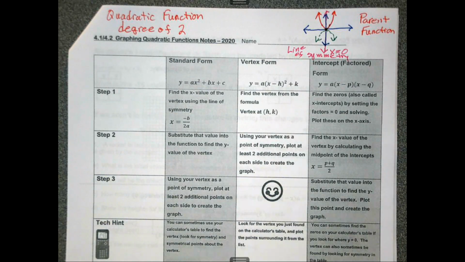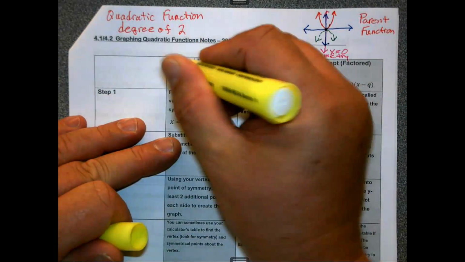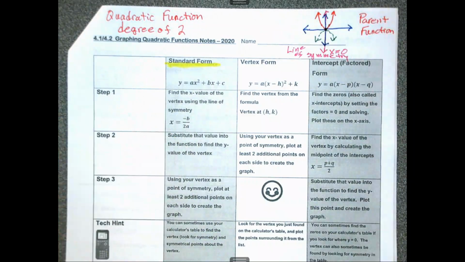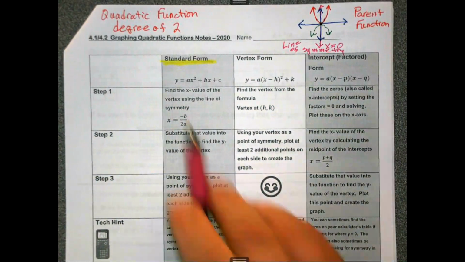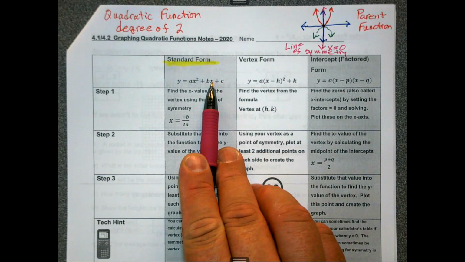All right, so the first form we're going to look at is standard form. And again, I mentioned this when we were doing factoring, right? Standard form of a quadratic function is y equals ax squared plus bx plus c.